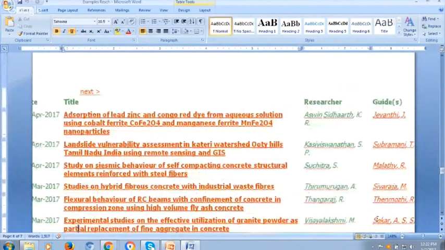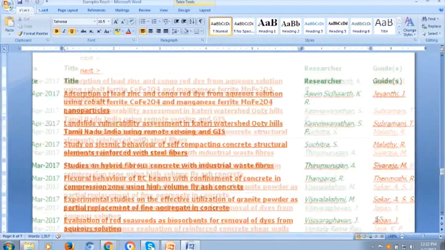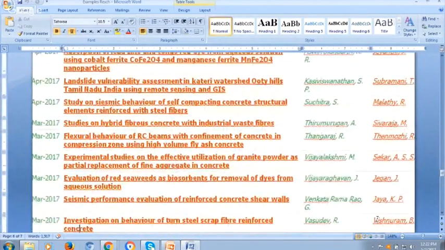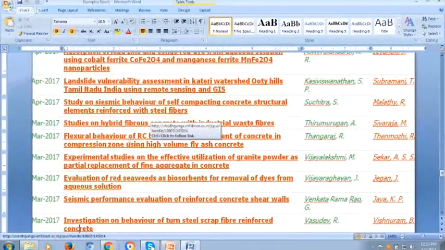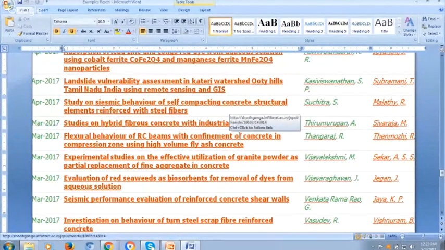Let me just take up one more example: flexural behavior of reinforced concrete beams with confinement of concrete in compression zone using high volume fly ash concrete. Now here, it is flexural behavior of what? Of reinforced concrete beams.